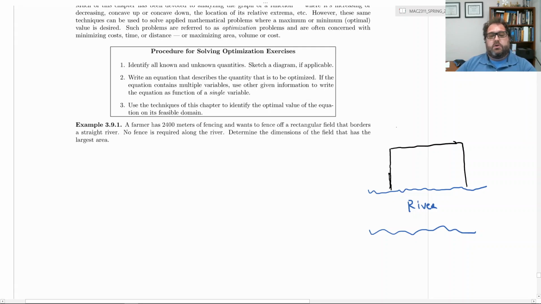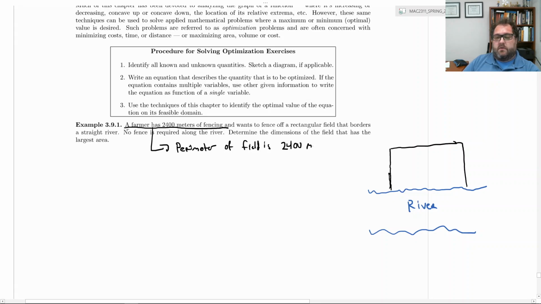So we are told we have 2,400 feet of fencing. Assuming we want to use all of it, that tells us the perimeter of the field is 2,400 meters.